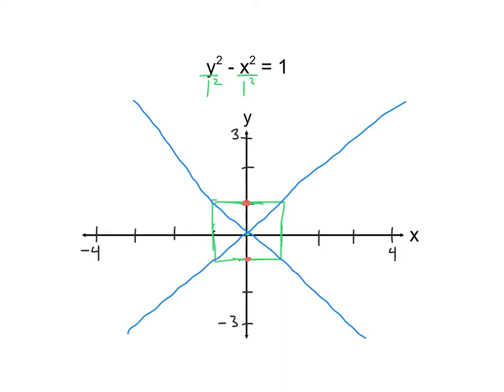This tells us when y squared is first that the hyperbola actually opens up and down instead of side to side. Ultimately, when you get practice at drawing hyperbolas, you will be able to quickly tell which way the hyperbola opens. You'll be able to draw the box depending on how much this has been stretched, and you'll be able to guide them with asymptotes that go through the corners of the box.